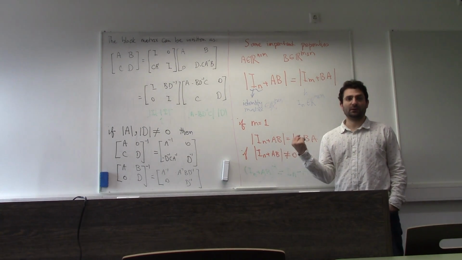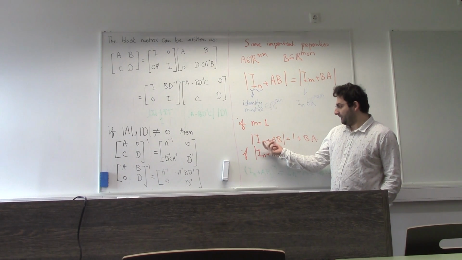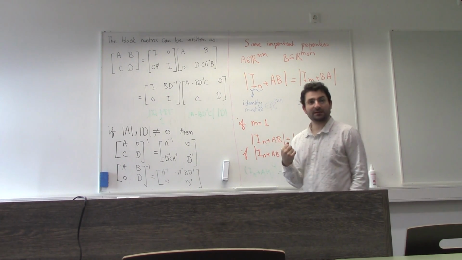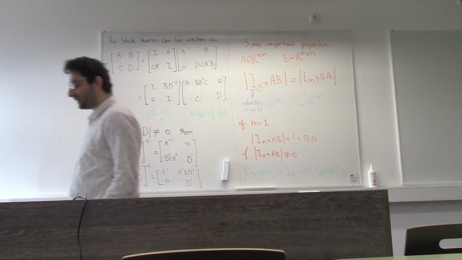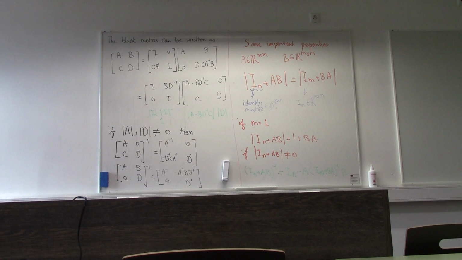Because if we know the determinant of AB, we can calculate the inverse of AB. We know In plus AB. AB is a matrix. The question is, what is the determinant of AB? Or do we have a shortcut for calculating the determinant of AB?